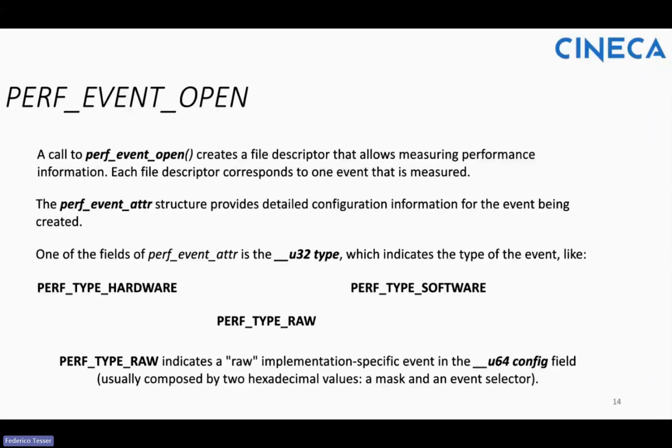Now you can see type hardware, type software, type raw, and for each type there are a plethora of events that can be monitored by perf. PERF_TYPE_RAW indicates, as you can read, a raw implementation-specific event in a specific field of the struct that you can pass to perf_event_open. We'll see an example later.